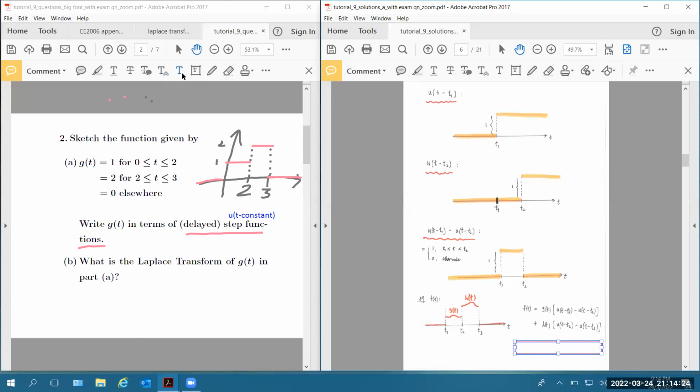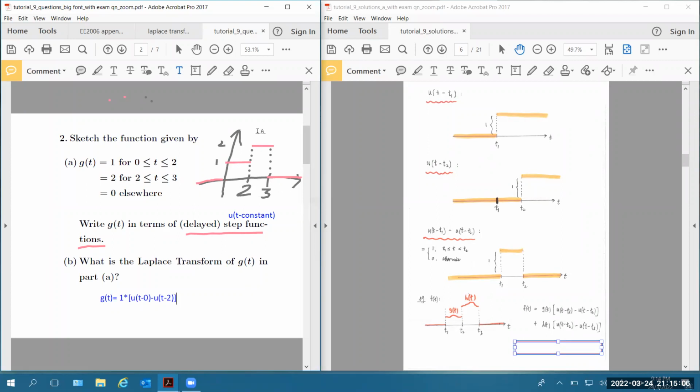So g(t), the function that you want, is 1 times u(t-0) minus u(t-2). If the value is not 1, then of course you multiply by something else. That singles out this part, and the rest is all 0.